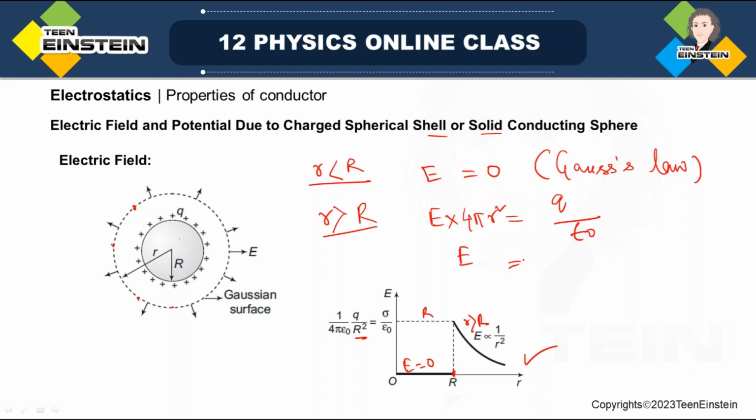So the electric field will be Q by 4 pi epsilon naught r square.